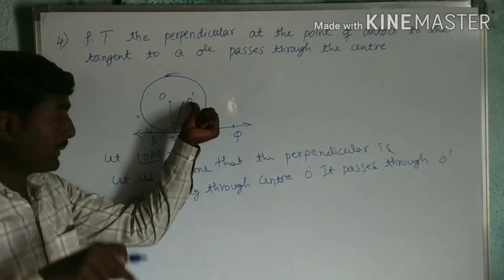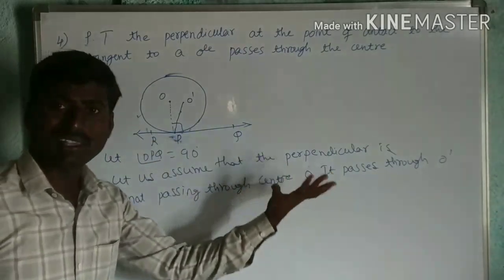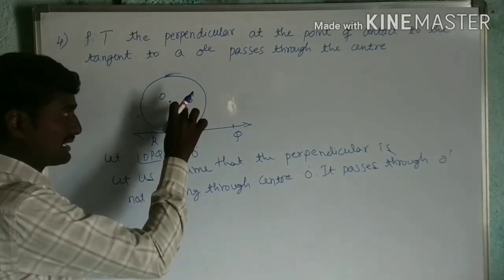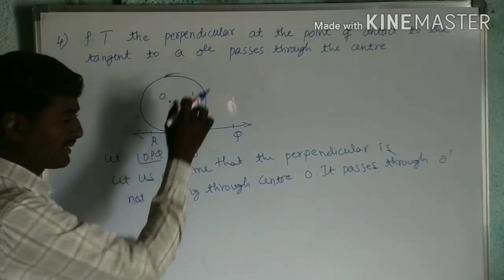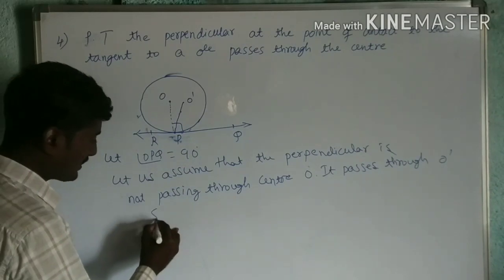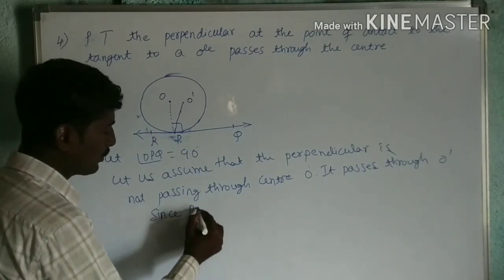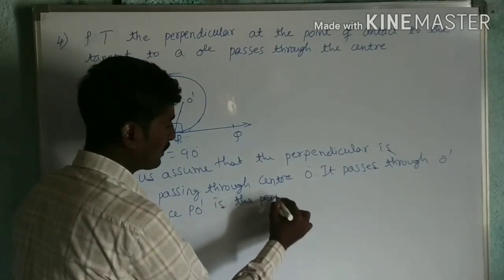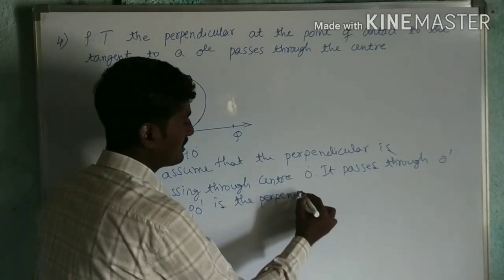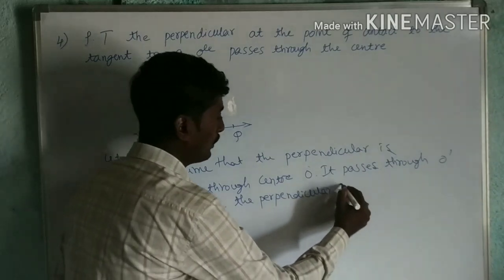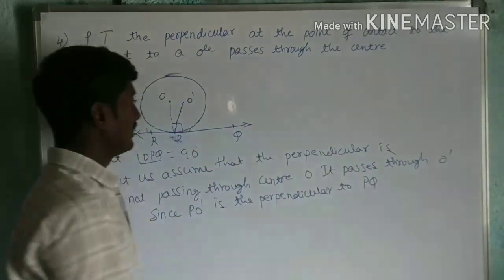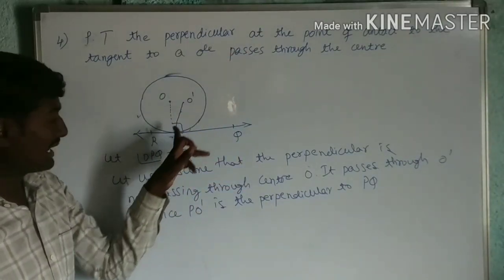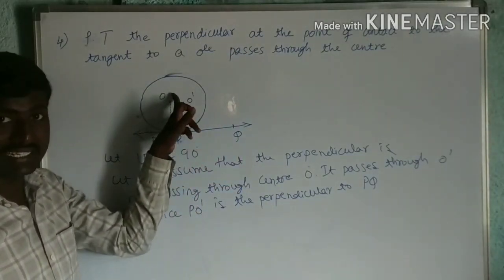PO dash is a perpendicular to PQ, I can say, because I assumed that PO dash is the perpendicular passing through O dash. So since PO dash is the perpendicular to PQ. So they said it, the perpendicular at the point of contact passing through the center I have to prove.